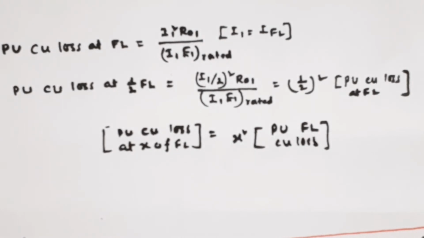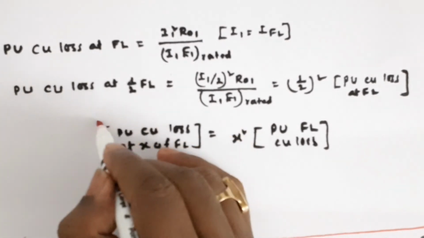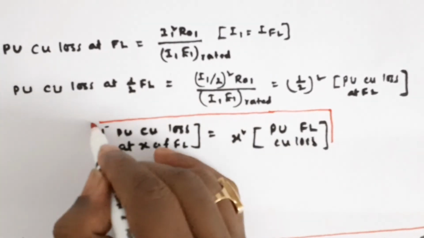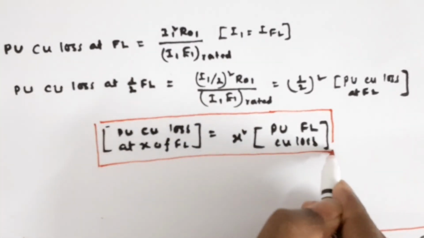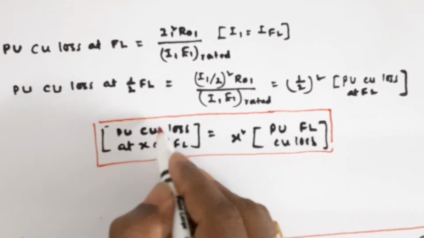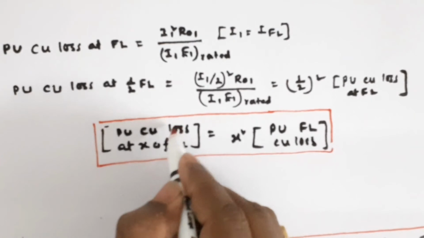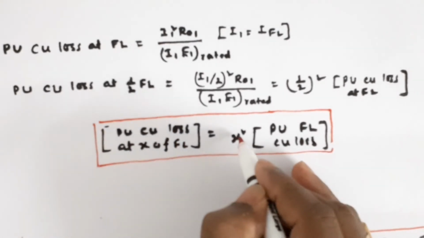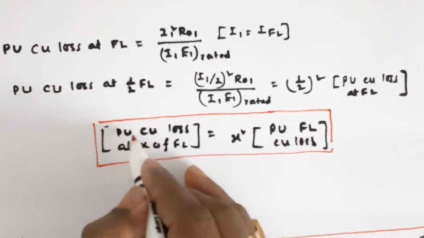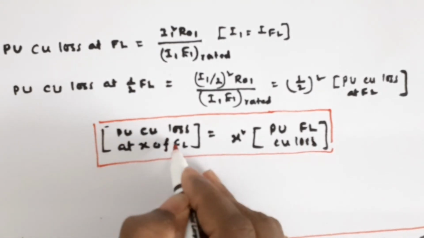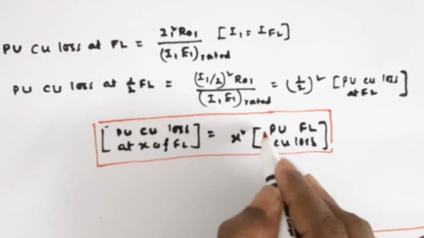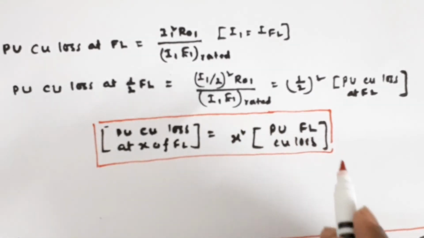This is again an important relation, whether it is the absolute value or the per unit value. Previously we derived the absolute value, that copper loss at X of full load is equal to X square into full load copper loss. Again, per unit copper loss at X of full load is equal to X square into per unit full load copper loss.